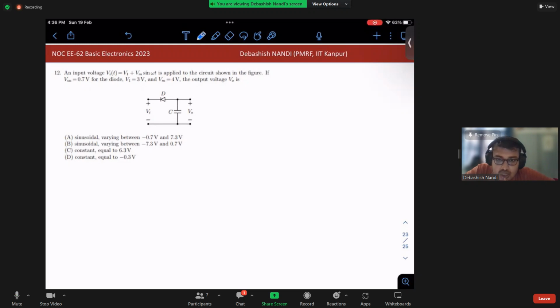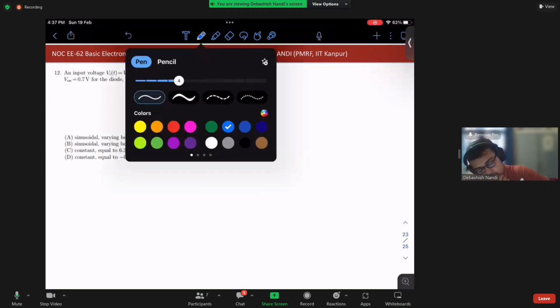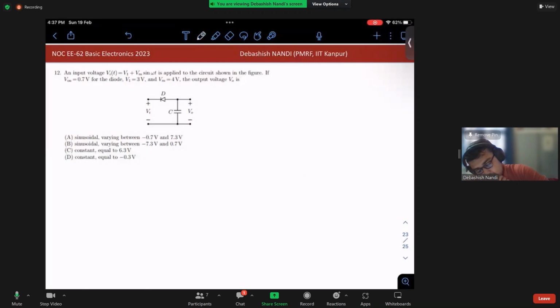And if V on is 0.7 volt for the diode, and VI DC component is 3 volt and V in is 4 volt, VM is 4 volt. Then what is the output voltage V0? Okay, fine. So let's first go step by step and draw the waveform.